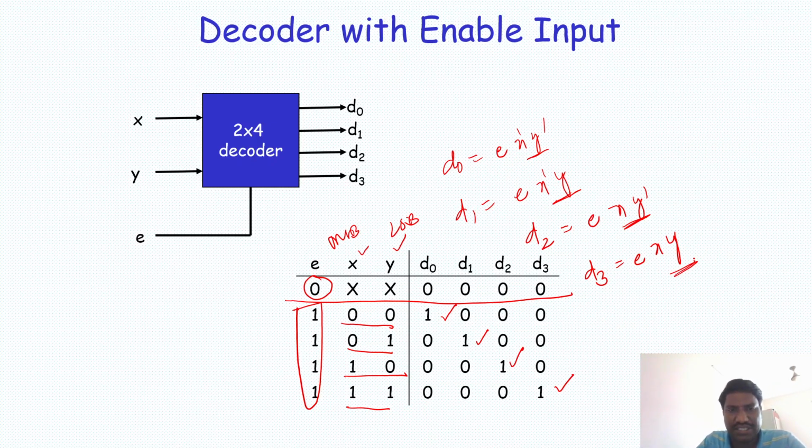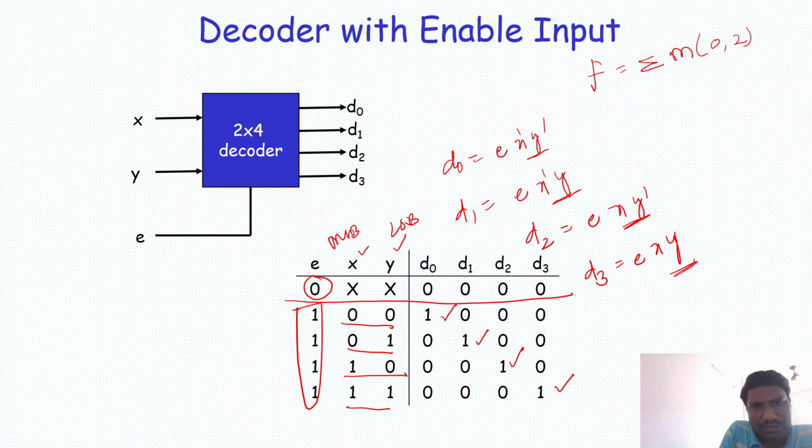That is the reason why if at all you are having any function involving minterms, let's suppose I have a function f is sigma m, 0 comma 2, for example. How to implement that? You take 0 and you take 2, give it to the OR gate.